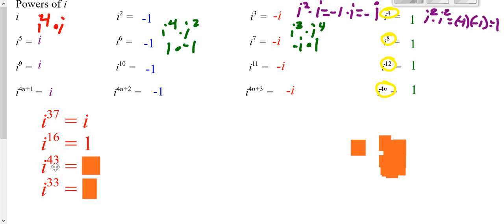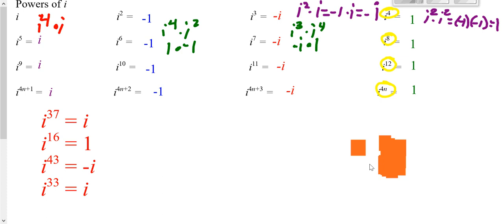Then you look at 43. Is that a multiple of 4? No, because it's odd. But 40 is a multiple of 4. And so 43 is 3 more than a multiple of 4. Anything that's 3 more than a multiple of 4 is -i. 33 here is not a multiple of 4, but 32 is, so 33 is 1 more than a multiple of 4, so that means that's i.